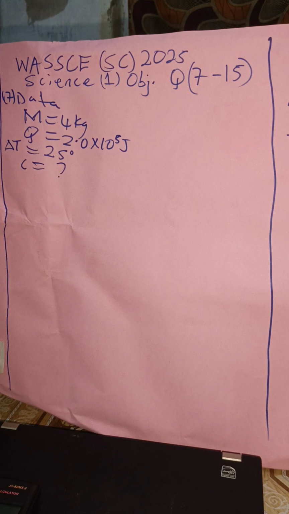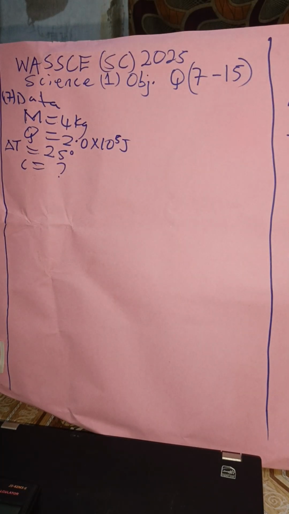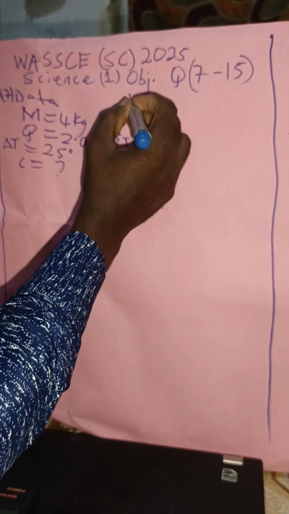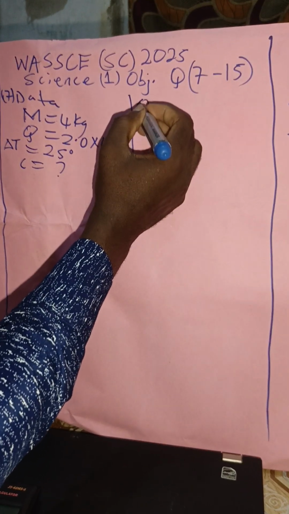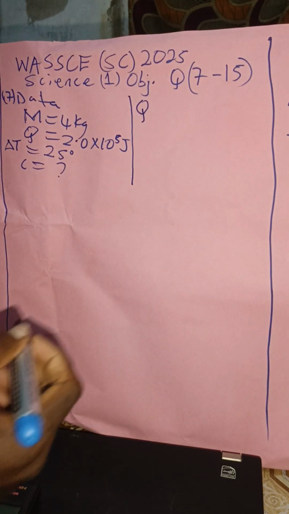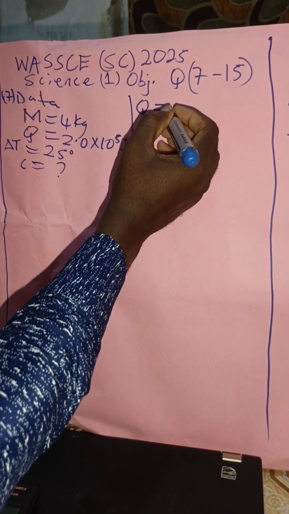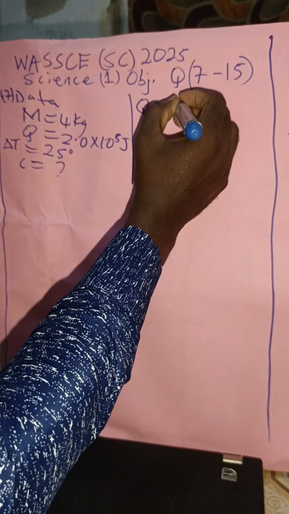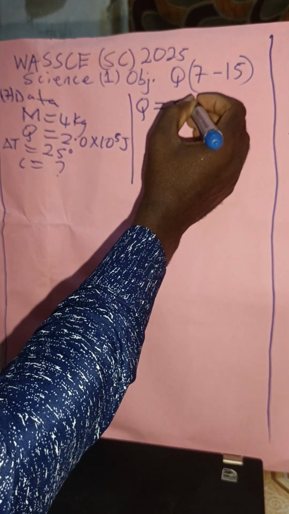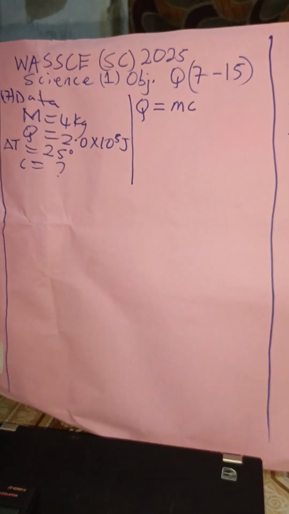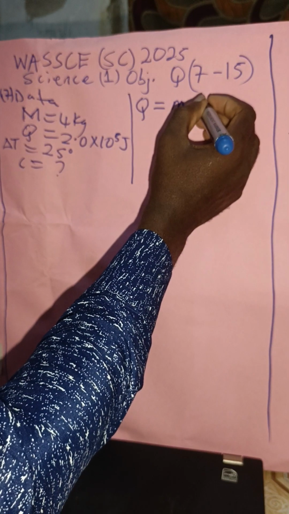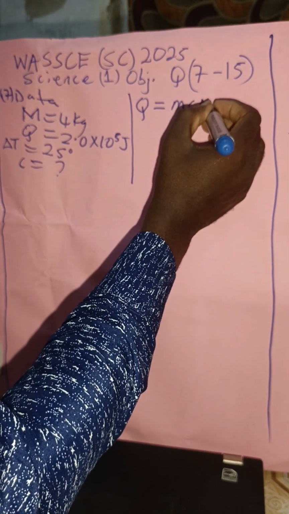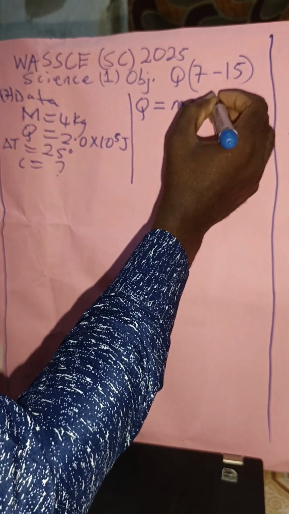We are asked to calculate it. Now the formula for quantity of heat is Q equals mass multiplied by the specific heat capacity multiplied by this symbol, which represents change in temperature.